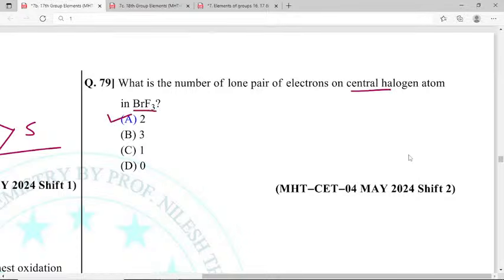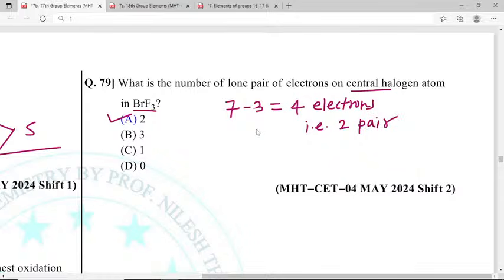So there are 2 lone pairs, because bromine has 7 valence electrons. 7 minus 3 is equal to 4, so 4 electrons, that is 2 pairs. So this is your answer.